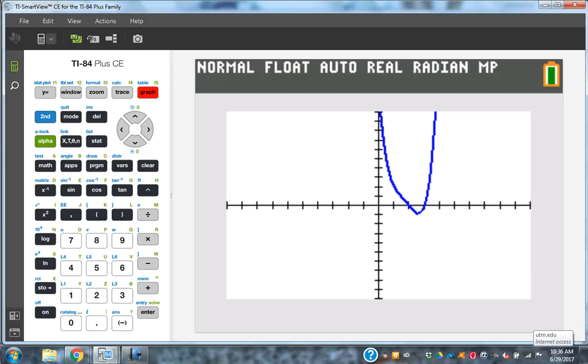I also know that those 2 real zeros don't have even multiplicities, because it doesn't bounce off the x-axis. We know that positive 2 and positive 3 are the real zeros here, and we know that they're going to have an odd multiplicity, either once or 3 times.